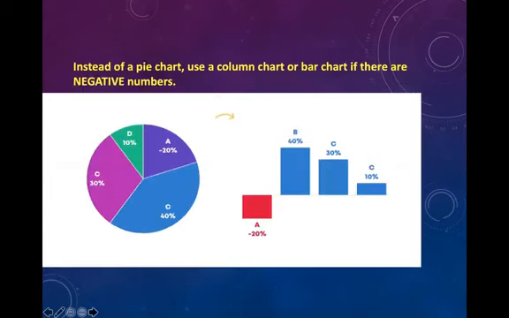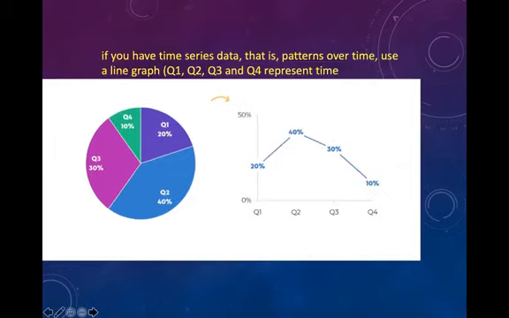Instead of a pie chart, use a column chart or bar chart if there are negative numbers. If you have time series data, that is patterns over time, use a line graph. Quarter 1, quarter 2, quarter 3, and quarter 4 represent time.